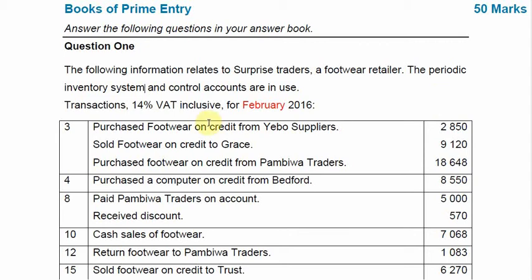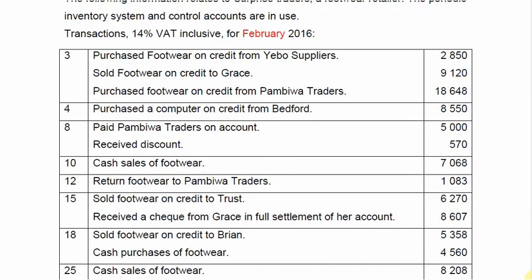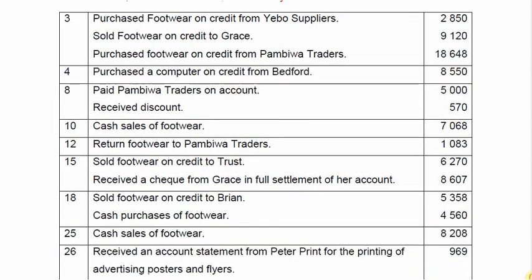Then they say the transactions include VAT of 14%, and these transactions took place in February 2015. Right, then you see on the 3rd of February, purchased footwear on credit from Yebo Suppliers. Yes, we are going to account for this transaction.